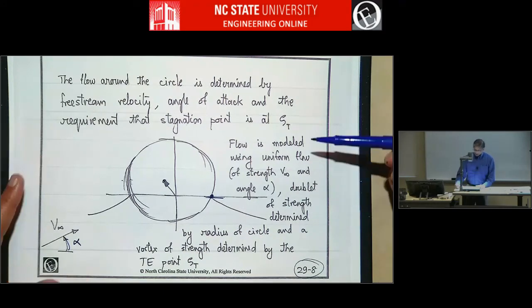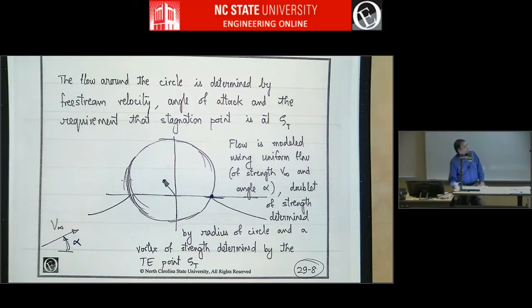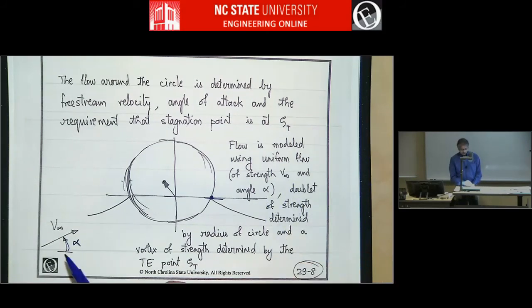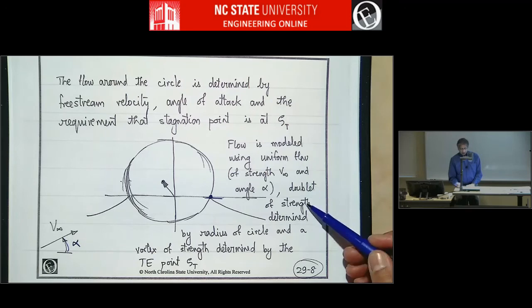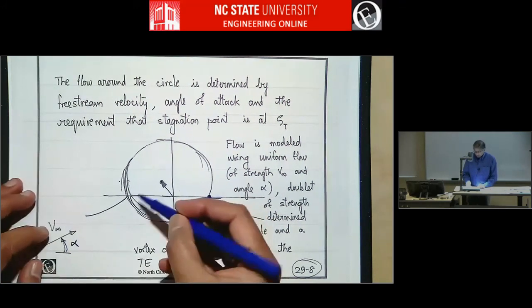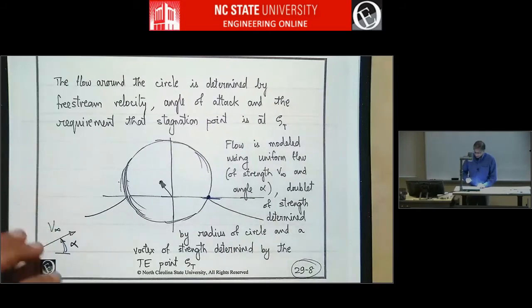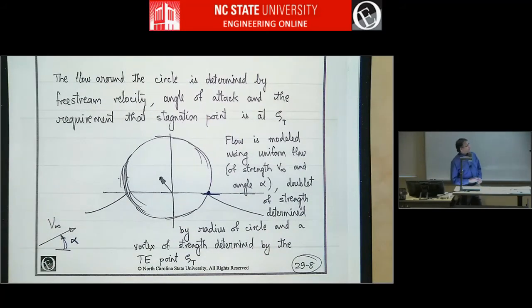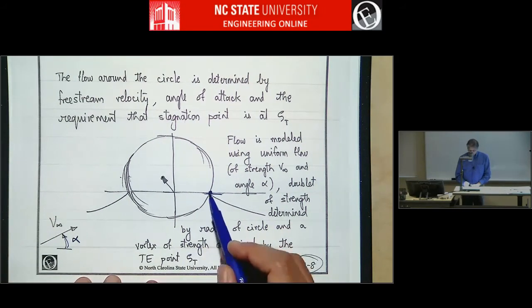Okay, so the flow is modeled using a uniform flow of strength v infinity and some angle alpha, a doublet of strength determined by the radius of the circle. So once you know the radius of the circle, there has to be a certain doublet strength to get this as a streamline, and a vortex that will make sure that the stagnation point is here.